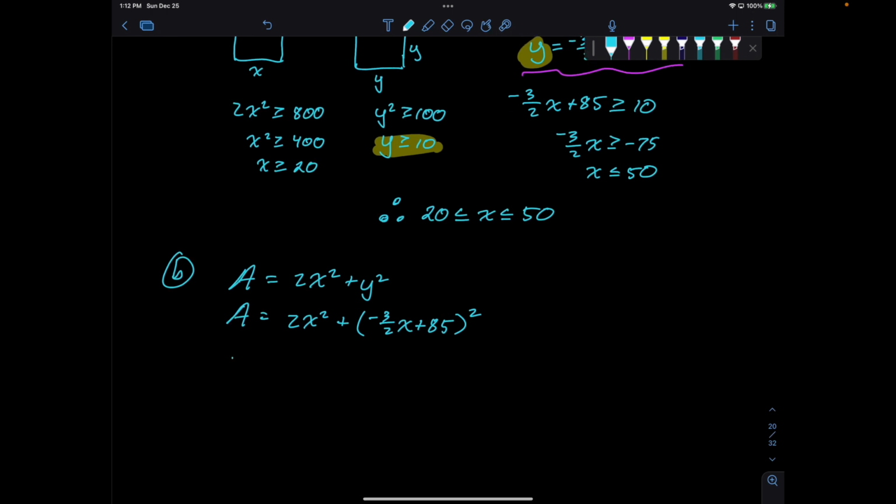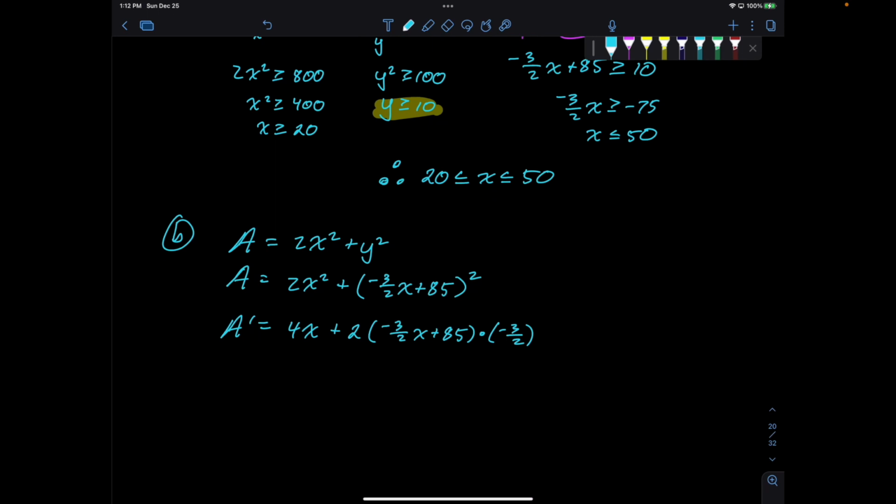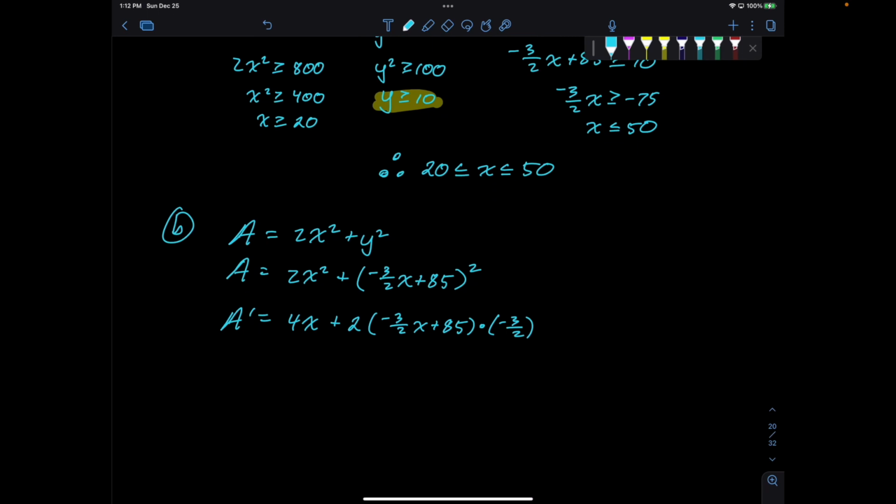Derivative, A prime, will be 4x plus 2 times negative 3 halves x plus 85 times the derivative of that, which is negative 3 halves. Should we simplify that? Maybe. So A prime is 4x. The 2's cancel, and then we have a negative 3 to distribute, so I'll say plus 9x minus 255.